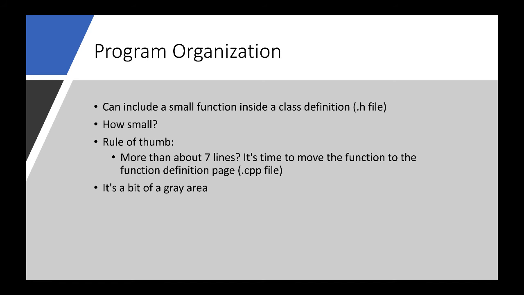So it is a gray area. There's no hard rule. Wherever you are employed or however you decide to program, that's where they're going to make that final call. But it is a common rule of thumb to keep large functions out of header files or outside of your class specification.